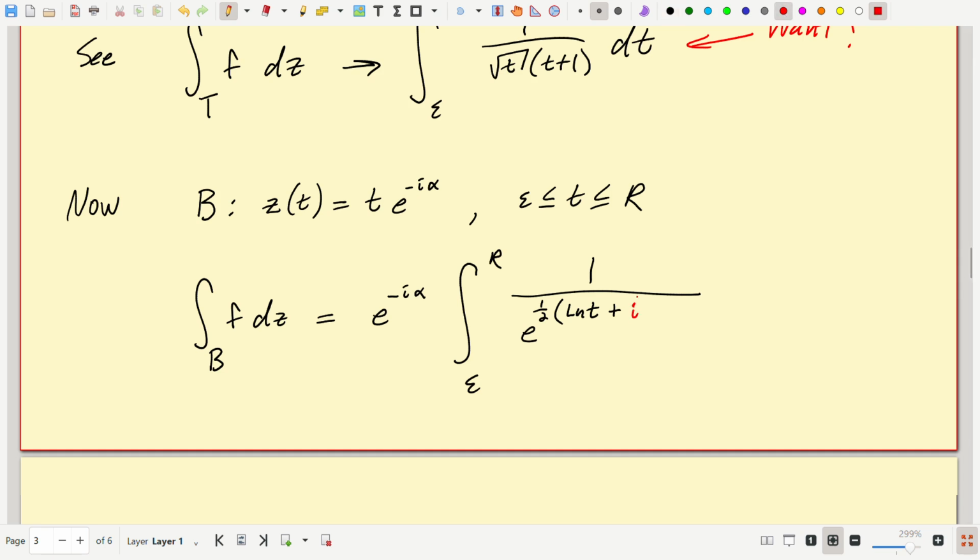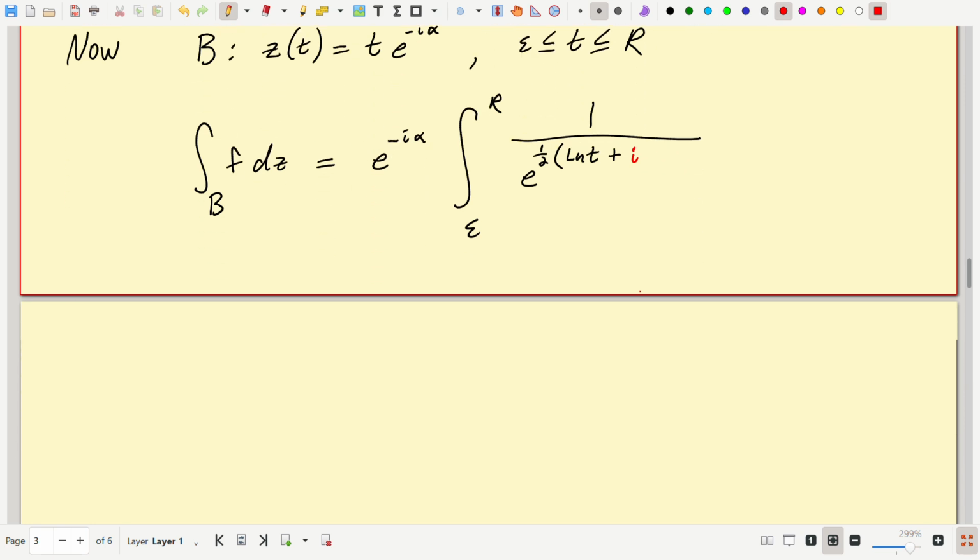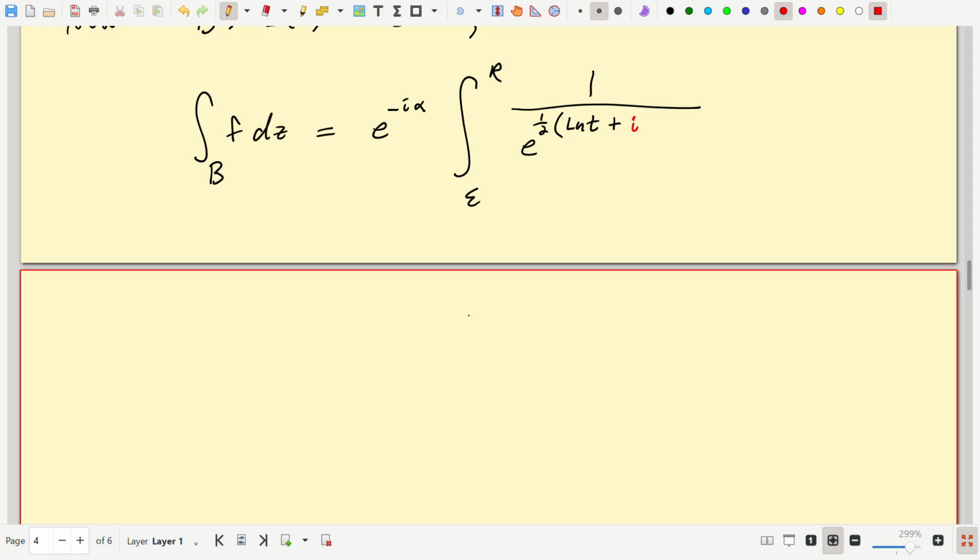I times the argument. And if you think about it, I should have drawn my picture, I'll do it here. Here's my real line. And now I'm using this is b. I'm going to use minus b. Okay, and this angle here is now minus alpha.